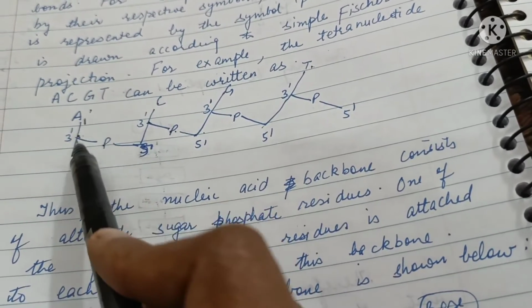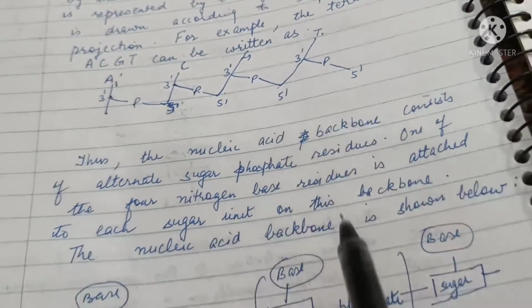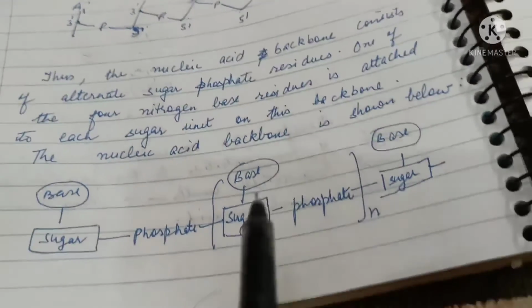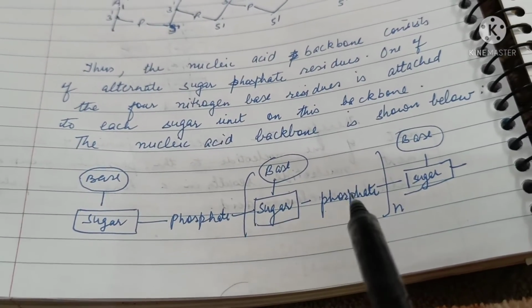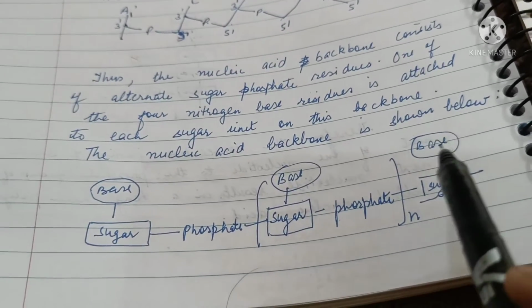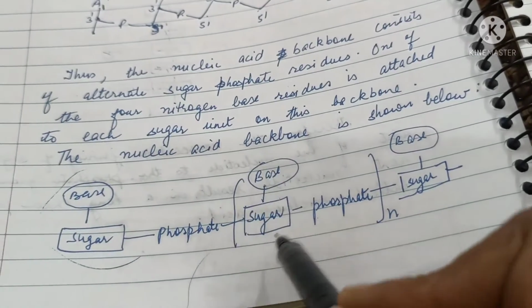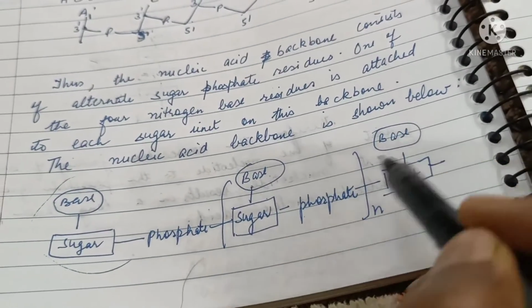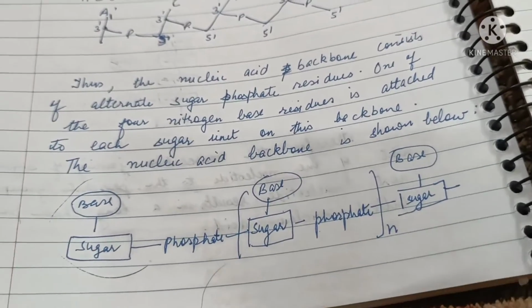A to this, C to this, G to this, T to this. The nucleic acid backbone is as shown. This is the backbone. Sugar, phosphate, sugar. And on each sugar there is a base attached. This is one nucleotide, another nucleotide, and combining we get a polynucleotide.